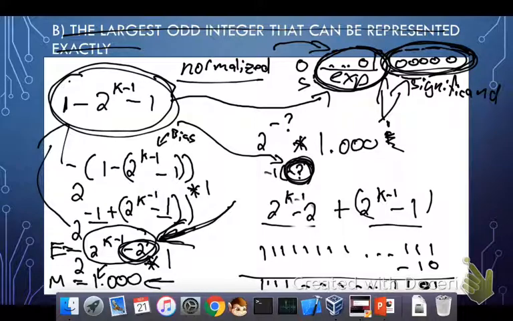This is probably what my notes page would look like. This is not what I would turn in, and it's not what you should turn in. This was to walk you through the thinking, the decomposition of the floating point format and the things that the question was asking for.